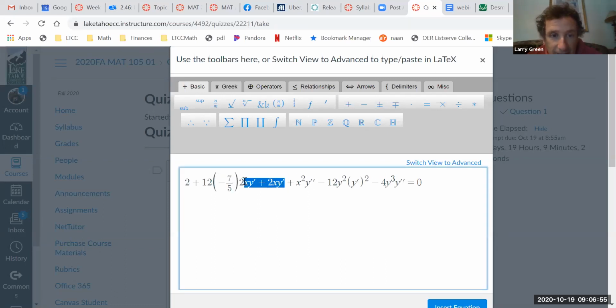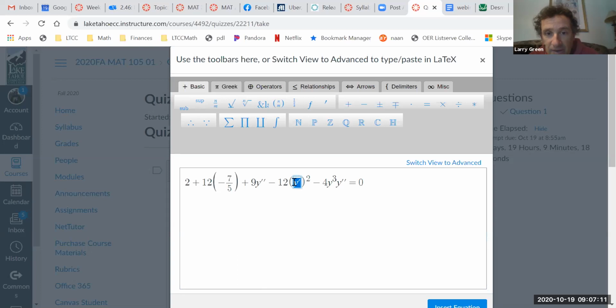That handles those terms. Then x squared is 9, times y double prime. y squared is 1, so that goes away. y prime becomes -7/5, and it's going to be 7/5 because we're squaring it. y is 1, so the y cubed goes away. And then we're there. Any questions so far?